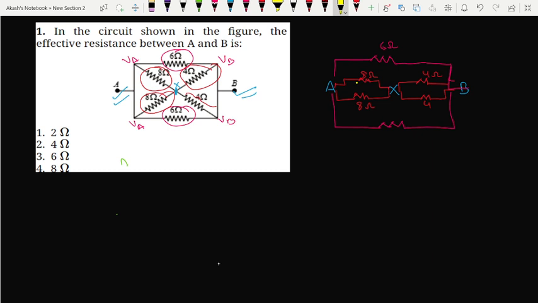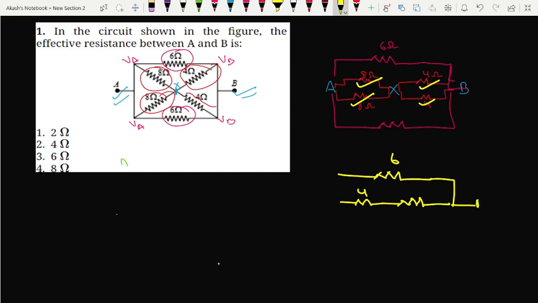The 8 ohm resistors are parallel to each other, and the 4 ohm resistors are parallel, and then both are in series with each other. First write 6 ohm. Now the 8 ohm in parallel gives 4 ohm, and the 4 ohm in parallel gives 2 ohm.